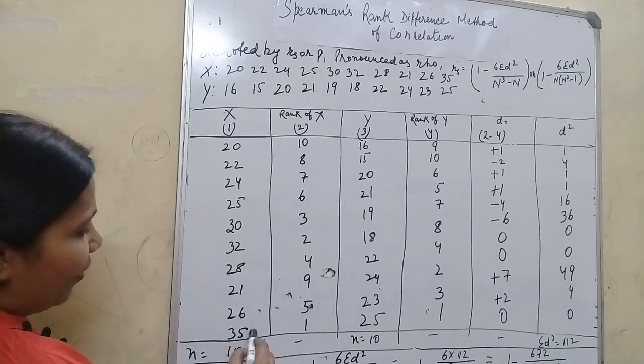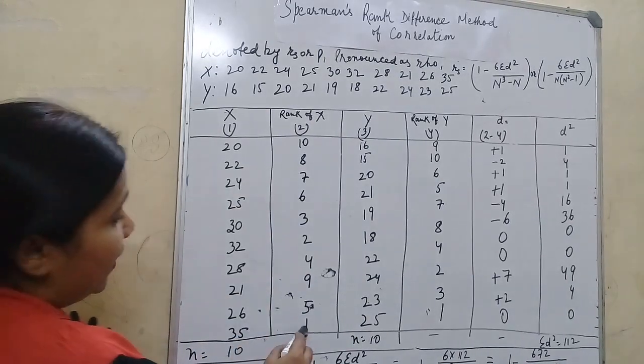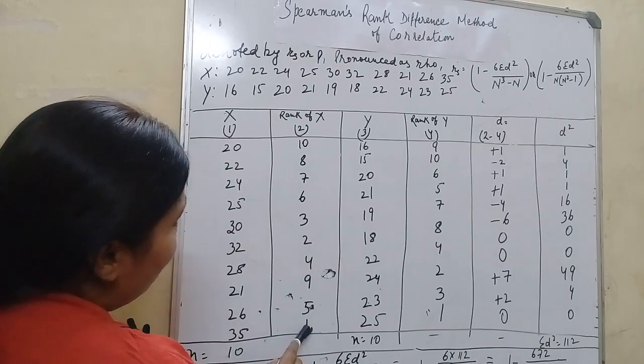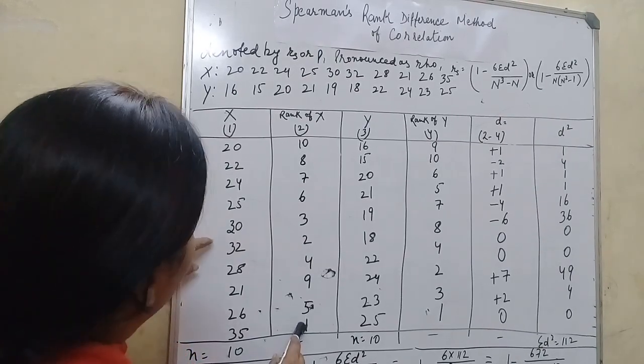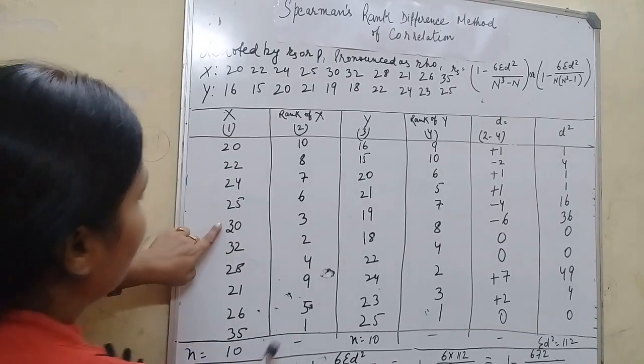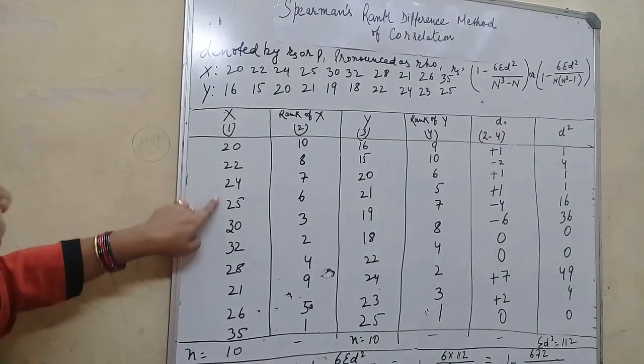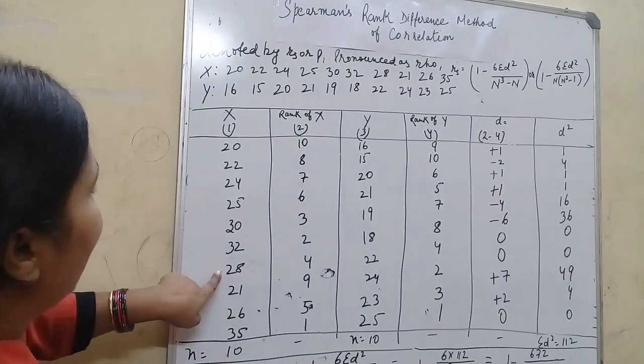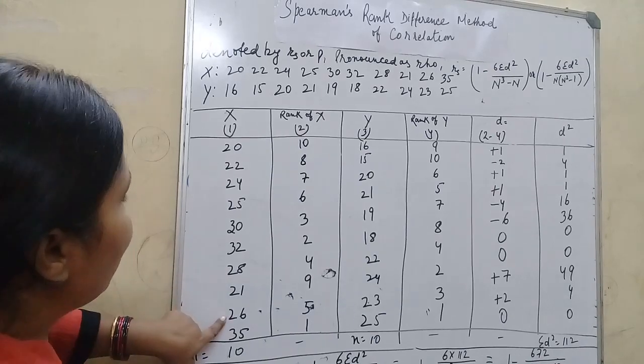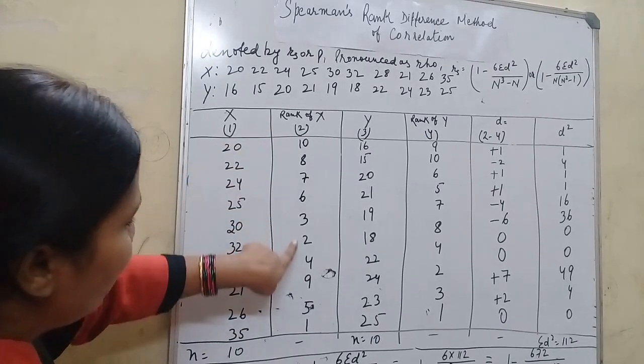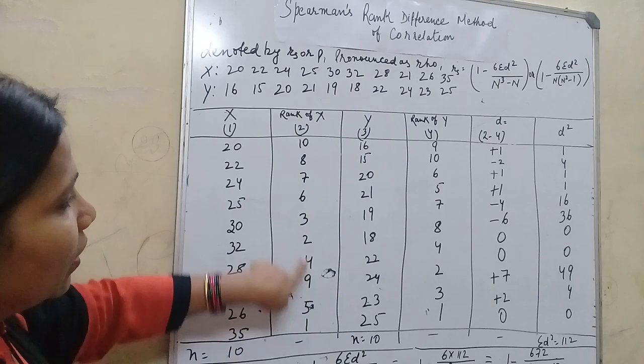Here 35 is the largest, so I give it 1. Next I give second rank to 32, third to 30, fourth to 28, fifth to 26. These steps carry on and give ranks in order.